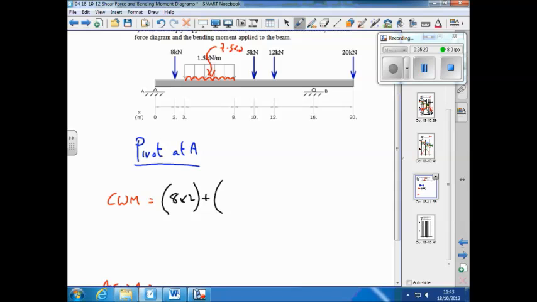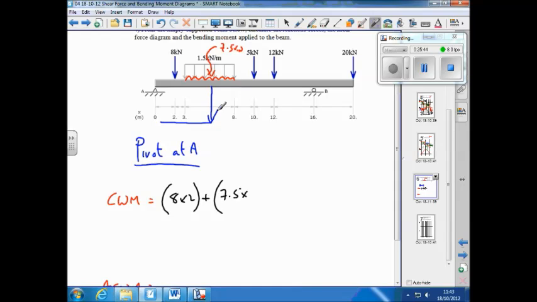So that would be 7.5 times the distance, which is 3. So it's this distance, the 3 meters, plus half of this distance. So 8 take away 3 is 5, so it's 3, 5.5. So 5.5 to the middle of that.